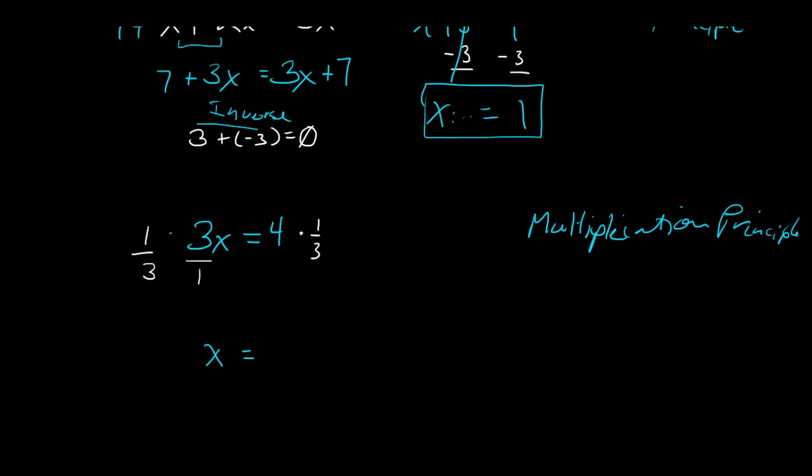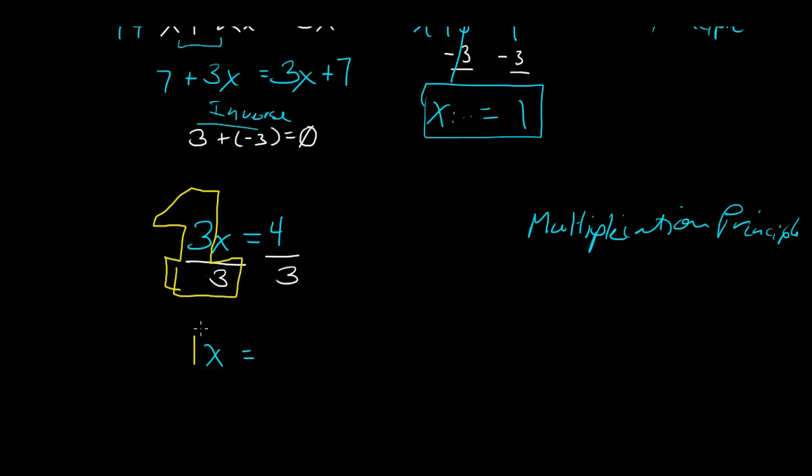One way to look at it, if you don't want to look at it as multiplying by the inverse, is you can say, well, I can also just divide by the number being multiplied by x. Because when I do that, I have a number over itself, and anytime I have a number over itself, I have the value 1. So if I wanted 1 and only 1x, I have that by putting 3x over 3.